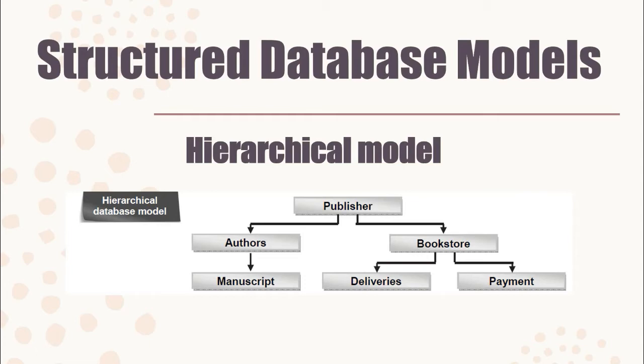As you can see, hierarchical model is a model that can be visualized as a parent-child relationship wherein a child may only have one parent, but a parent can have several other children. As you can see daw, sabi daw diyan, from the meaning of the hierarchical model, makikita mo daw siya or mabivisualize mo daw siya as an inverted tree.